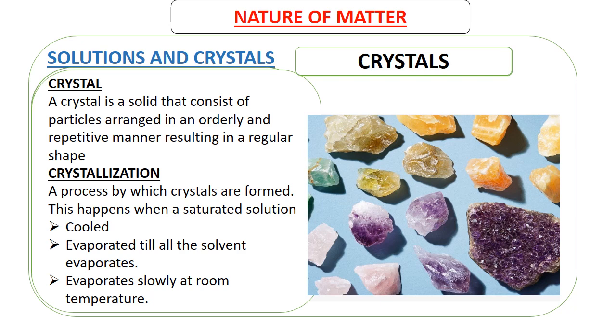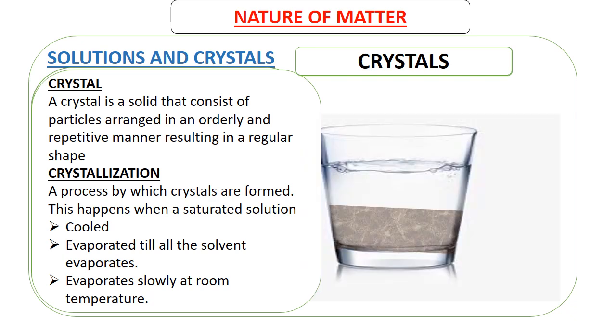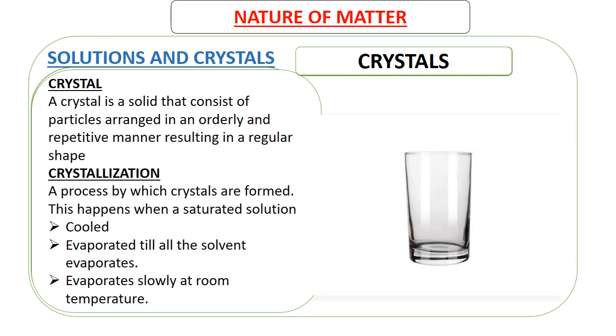To give you a visual understanding of how crystallization comes about, let's say I've got this cup and it has water, and let's say we start heating this cup. As the water evaporates till we have no more water, the result will be crystals. So where do these crystals come from?